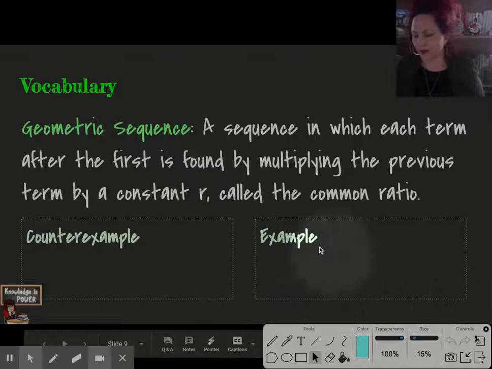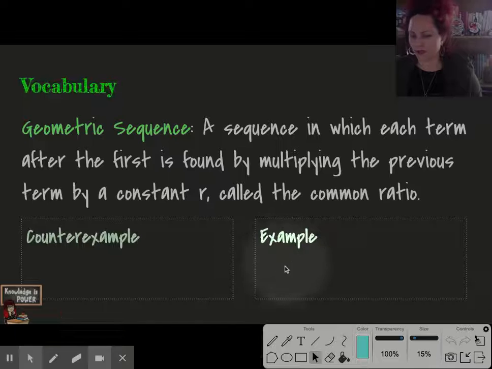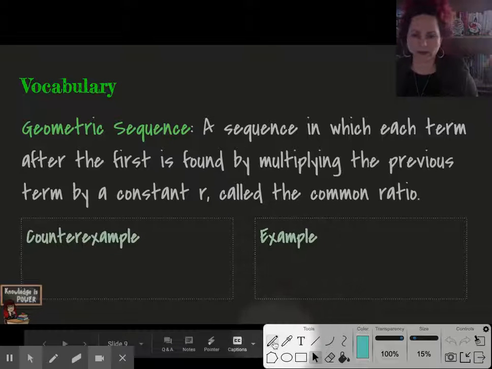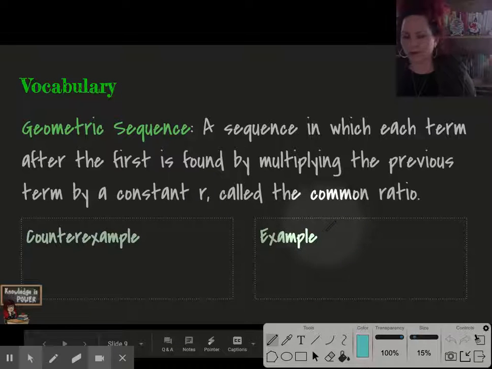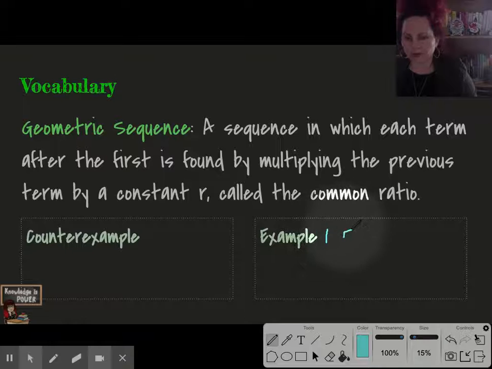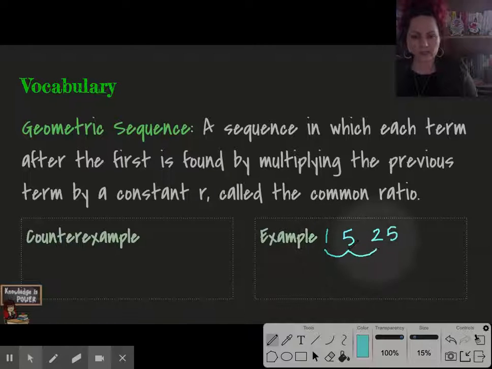Let's say you have a 1, a 5, 25. The relationship here is that I'm multiplying 1 times 5, and I get 5, right? 1 times 5 is 5. 5 times 5 is 25. So what do you think the next term would be?